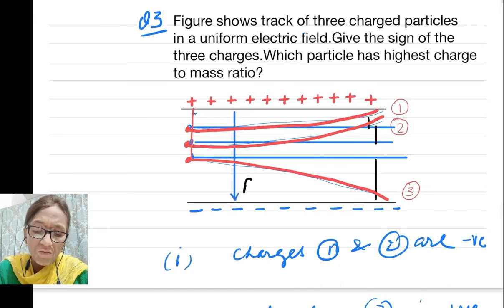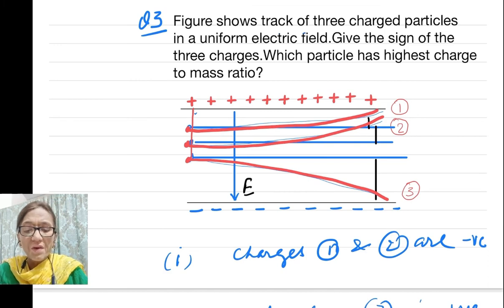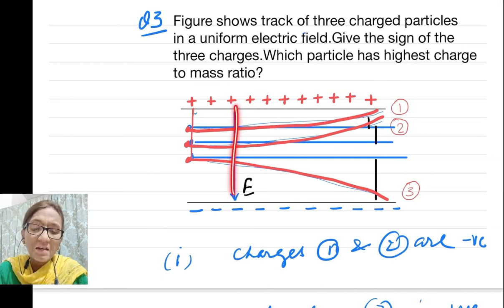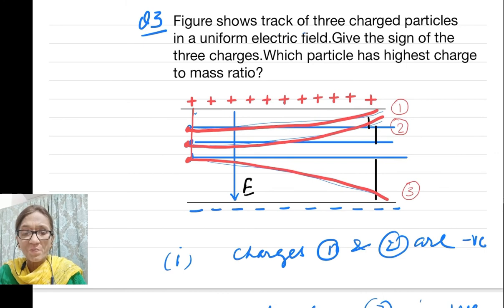Here you have the electric field in this direction. So when the charge comes in this region, the negative charge will be moving opposite to this electric field along this direction, and the positive charge would be moving along the electric field. A force would be acting, and an acceleration will be there in the vertically downward or vertically upward direction. So there will be a certain displacement in this direction also.